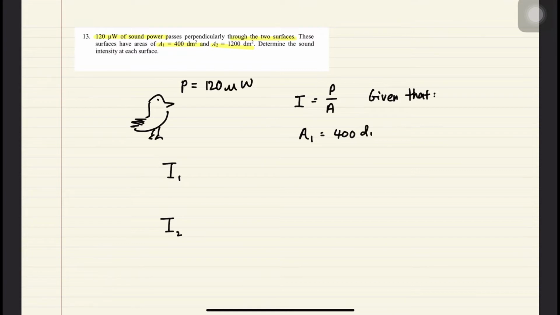Okay, but you can convert to meter square. Okay, so one decimeter is 10 negative 1 meter, but since this one is square, it becomes 10 negative 2. You can try to do the cross multiply if you want to.